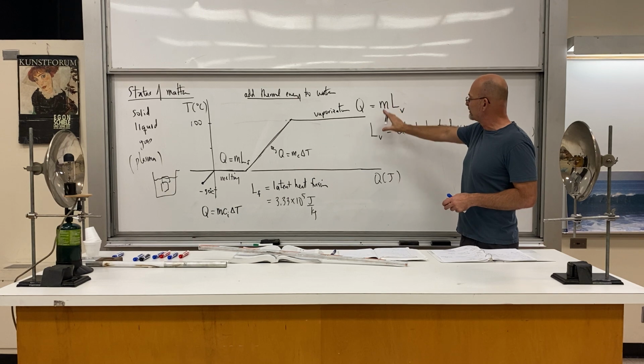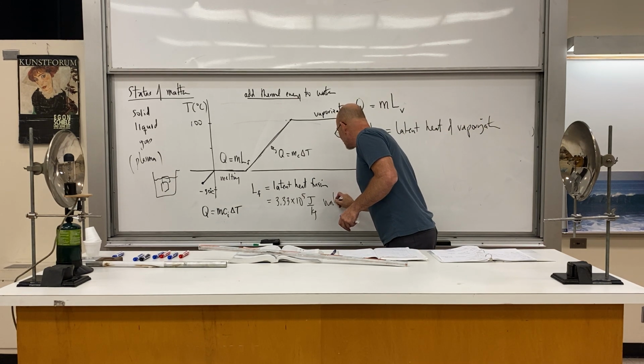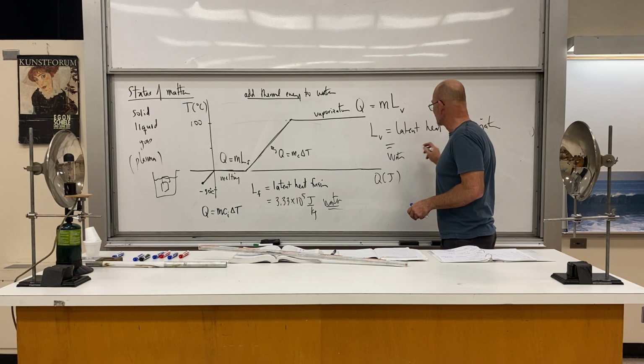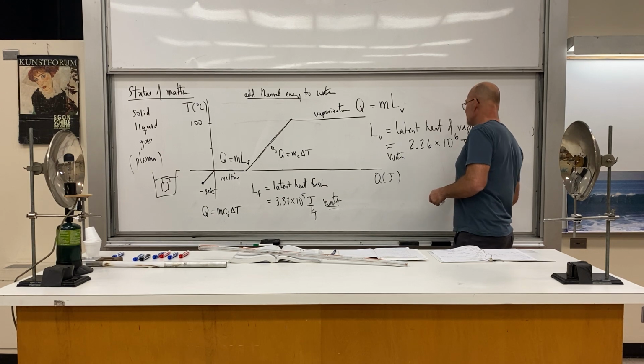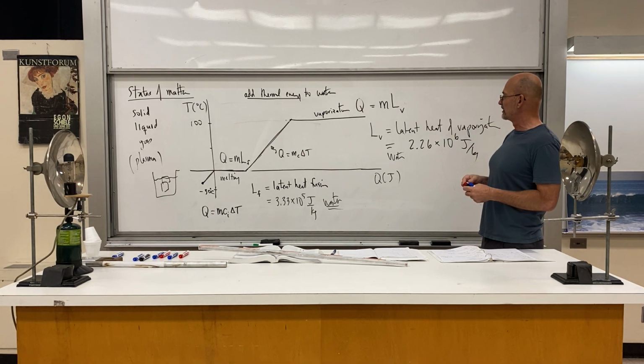Different substances have different amounts. For water, by the way, this was water, and for water here as well, it's 2.26 times 10 to the 6 joules per kilogram. Now this is a time when it's good to notice a little bit about the numbers here.